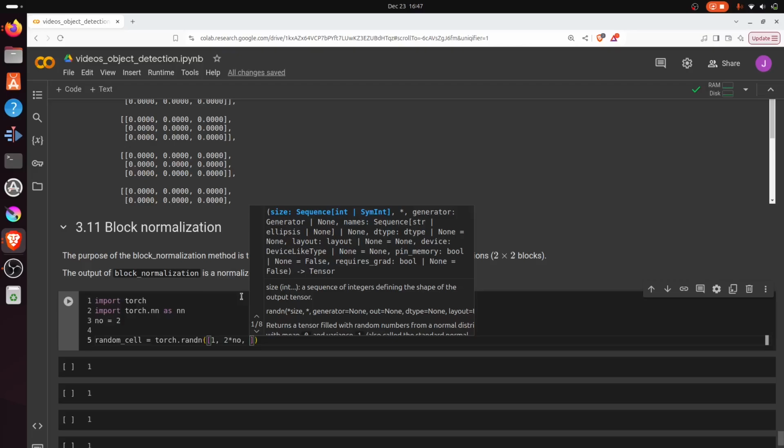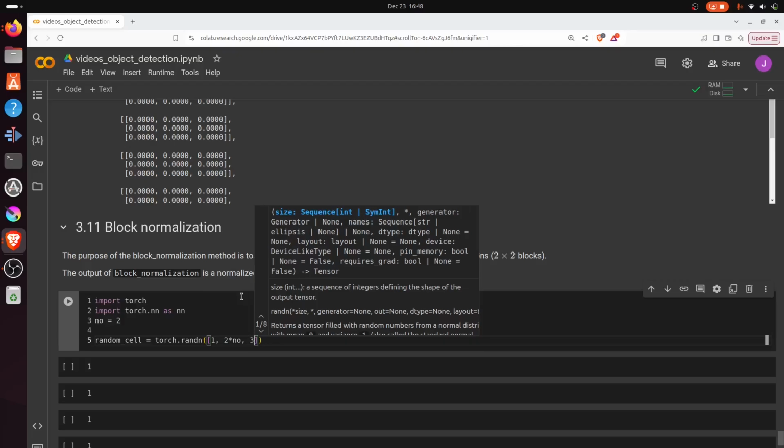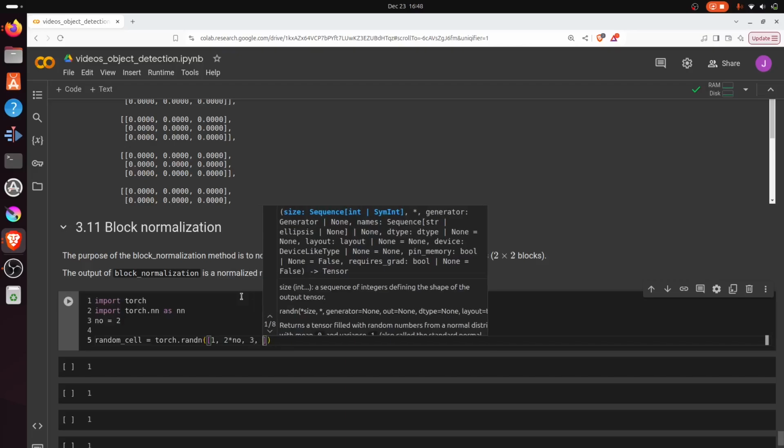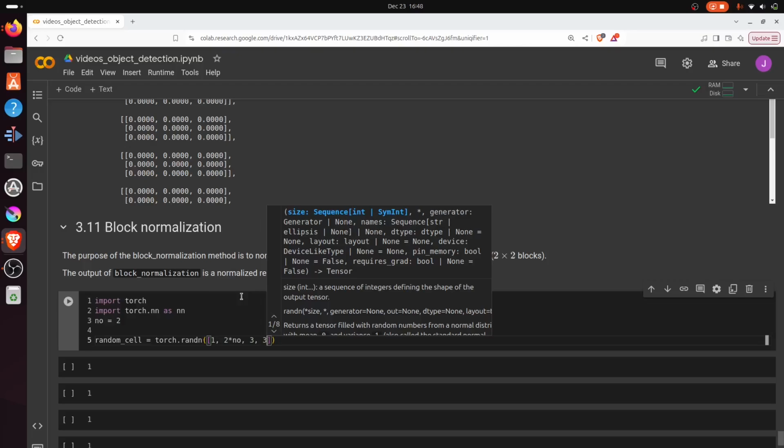That's why we still use 2 times the number of orientations. And just for now, let's set the kernel to be a 3x3 size kernel. So essentially, that is what we're going to be playing with.